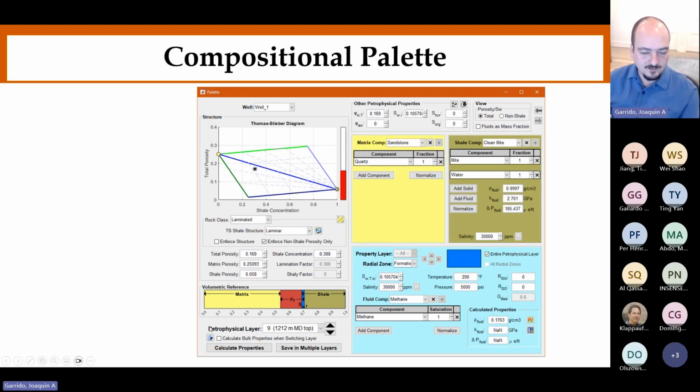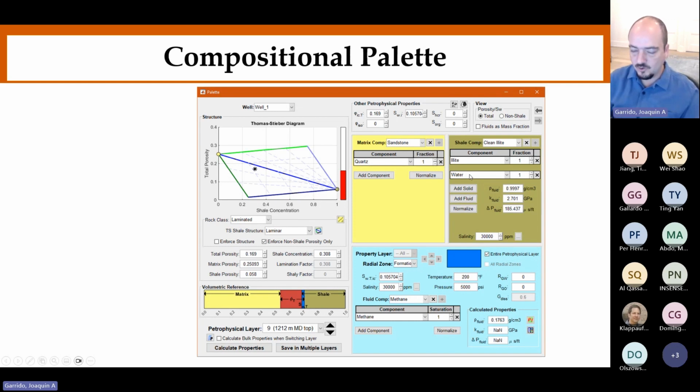At the bottom, it tells you which petrophysical layer you're looking at. Then you can look at the specific layer, and it tells you what components it has: what the matrix is, what fraction is the matrix, what fraction is the shale, and so on. It tells you the matrix composition, which we're going to assume is completely quartz, and the shale composition, which we're going to assume is completely illite.